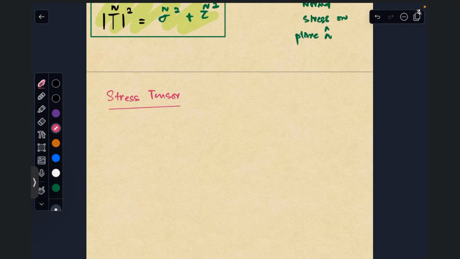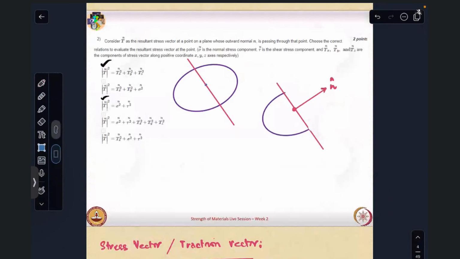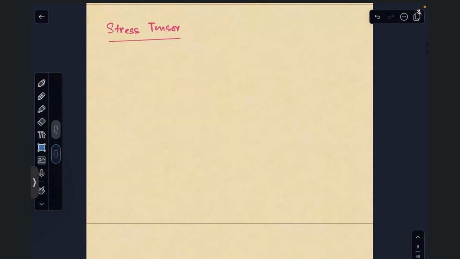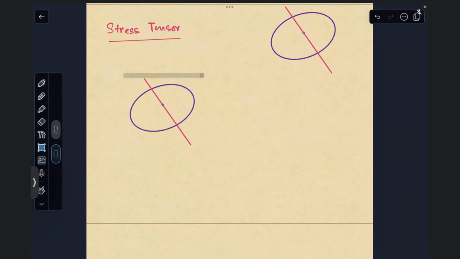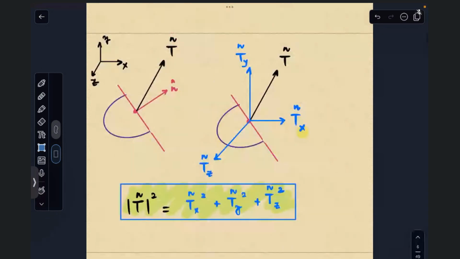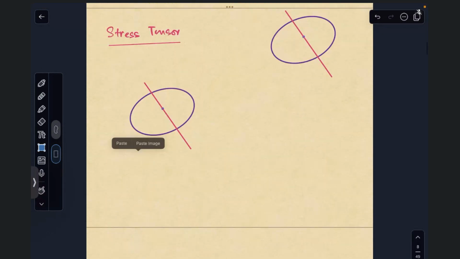Using the same example, let me take that same body and keep it here. And also let me take the coordinate system from here. So I have the coordinate system.